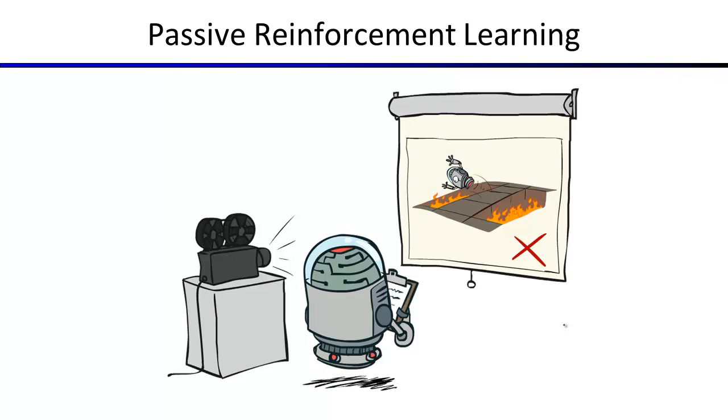You might see the other robot jump in the fire pit, see how much reward they get and so forth, and you might then learn a value function for that other robot in the world it's acting in. In active learning, you get control. In active learning, you'll get to choose the actions you take, and as you can imagine, it gives you the ability to explore explicitly and learn more effectively. But we'll start with passive learning.